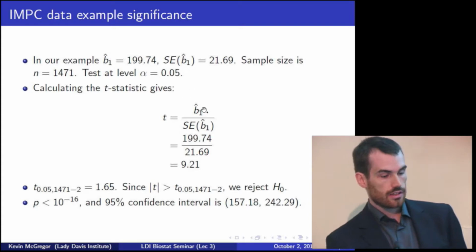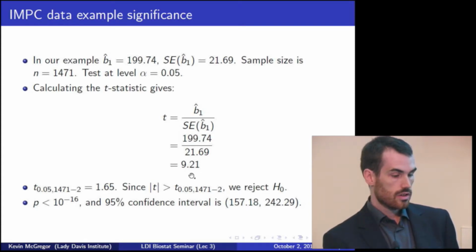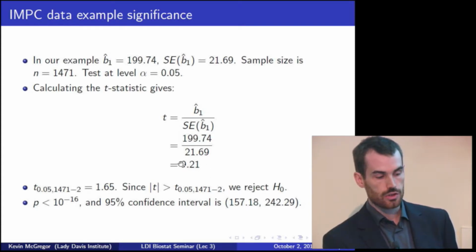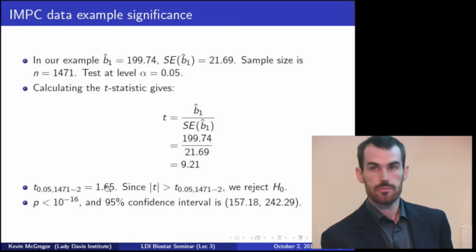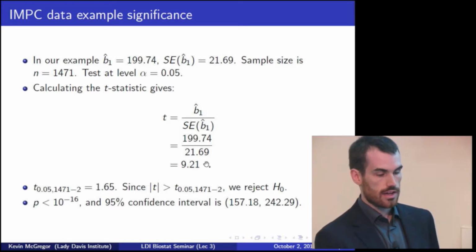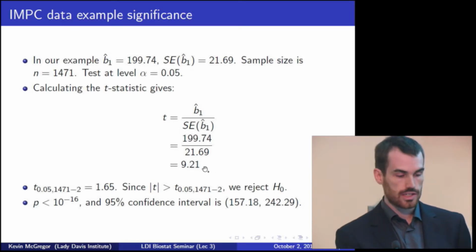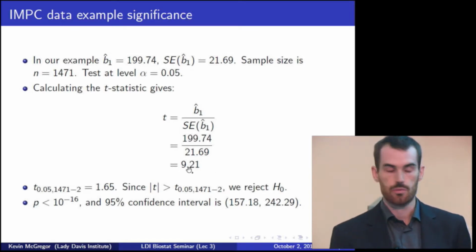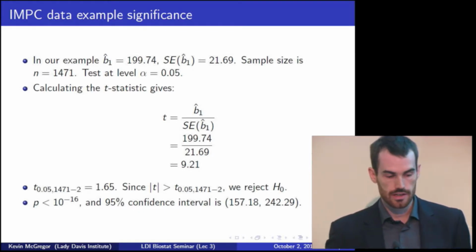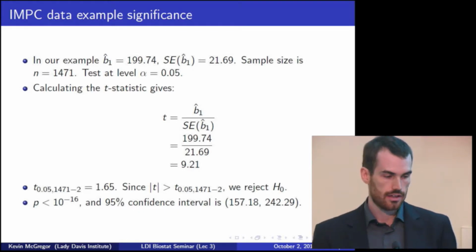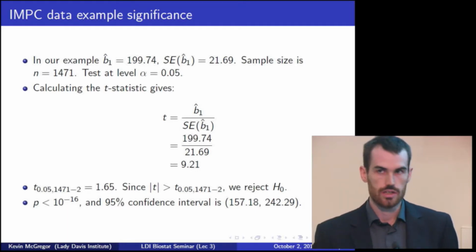So if we calculate our test statistic, t, we end up with 9.21. And if we look at our critical value of t, we get 1.65. And as we can see, our obtained value of t is 9.21, much larger than 1.65. And so we would reject our null hypothesis. So that would imply that we have evidence of a linear association between creatinine and total cholesterol.